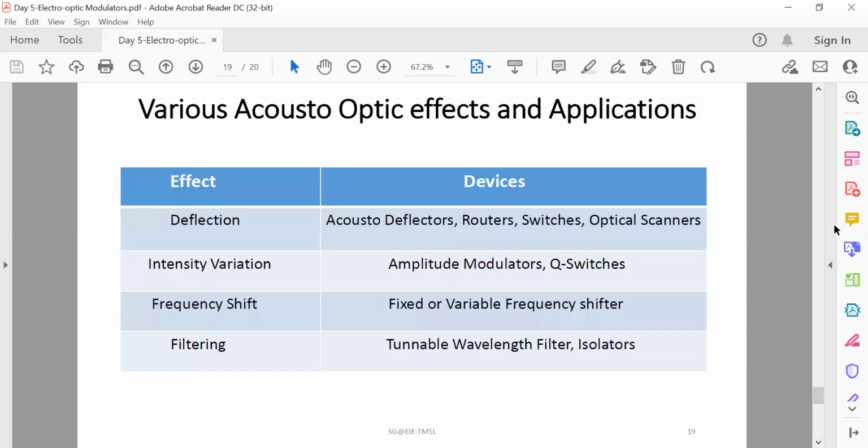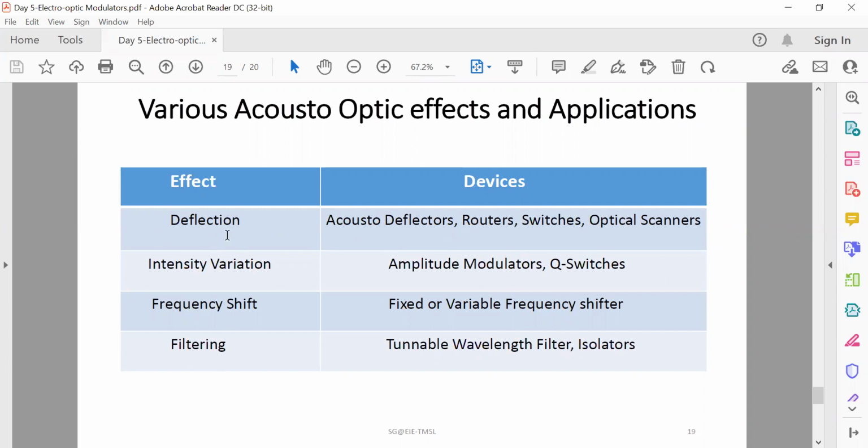Various acousto-optic effects and their application devices have been listed over here. Different effects like deflection, intensity variation, frequency shift, or filtering are used in different applications. These are the devices where they are used.